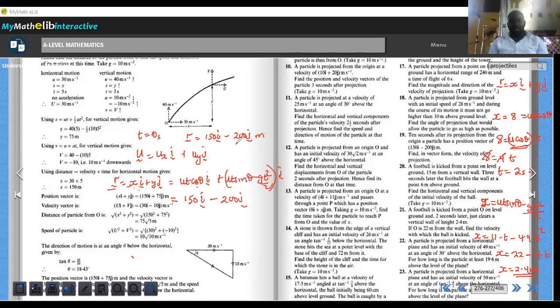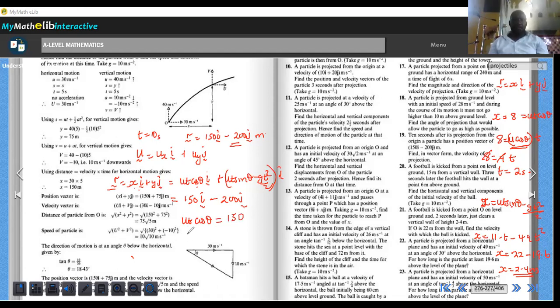In this case, when the particle's value is negative, it means the particle is coming down. So you extract out and say ut cos theta is equal to 150.